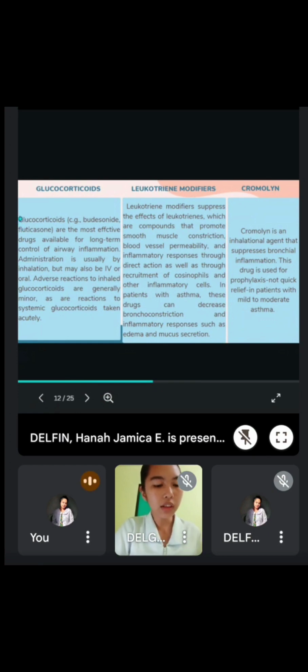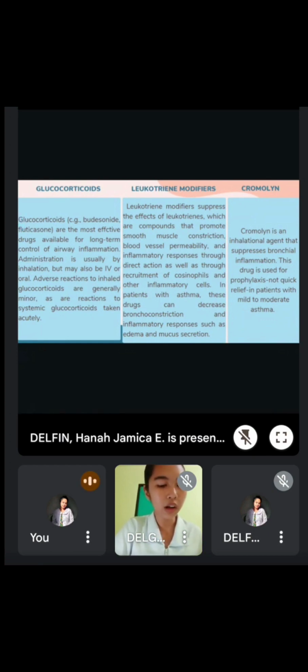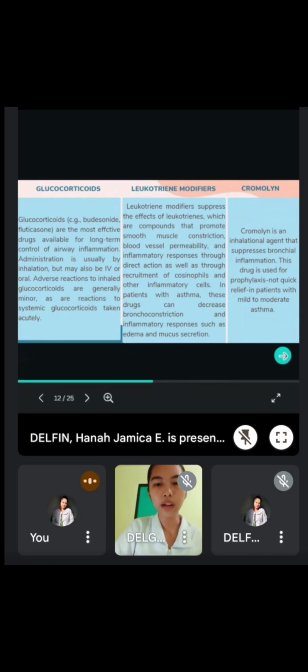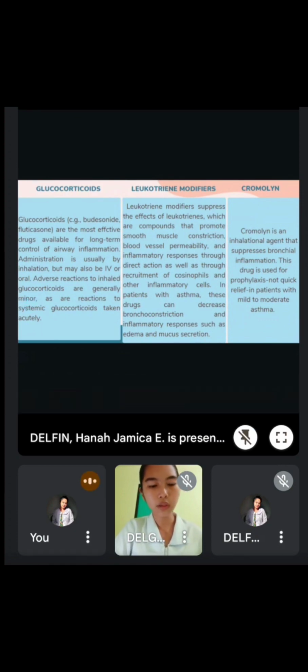Zileuton is an inhibitor of leukotriene synthesis. It is approved for asthma prophylaxis and maintenance therapy in adults and children 12 years old and older. Symptomatic improvement can be seen within 1 to 2 hours of dosing.